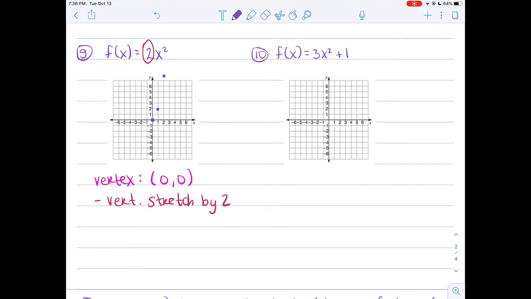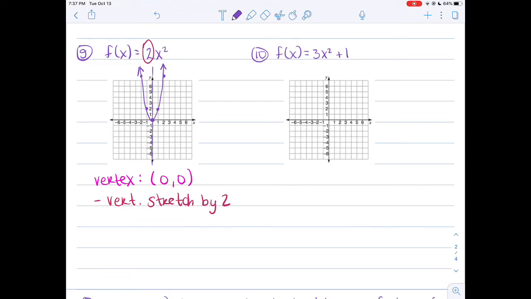So at 2, 8. And notice that my graph is kind of skinny. It is skinnied up by that factor of 2. Noticing that my axis of symmetry is the y-axis, I can go across the y-axis and plot my points on the left-hand side and finish off my graph.